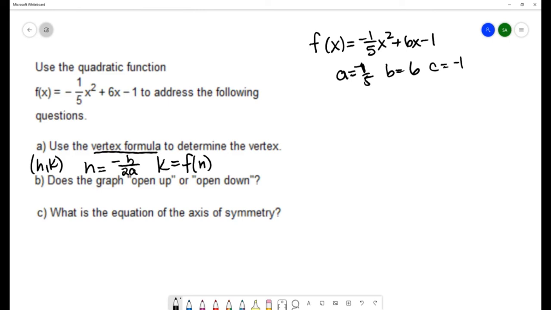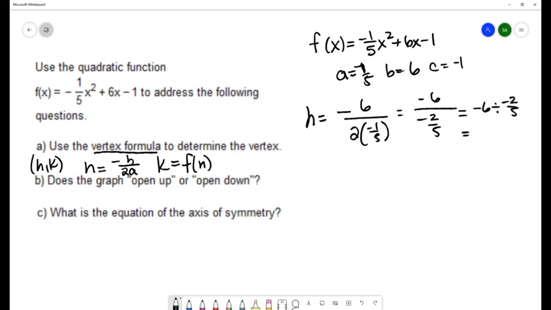So for the h part of our vertex, we're going to do -6 over 2 times -1/5. The -6 over -2/5. When we divide fractions, let's write it as division first. We've got -6 divided by -2/5.